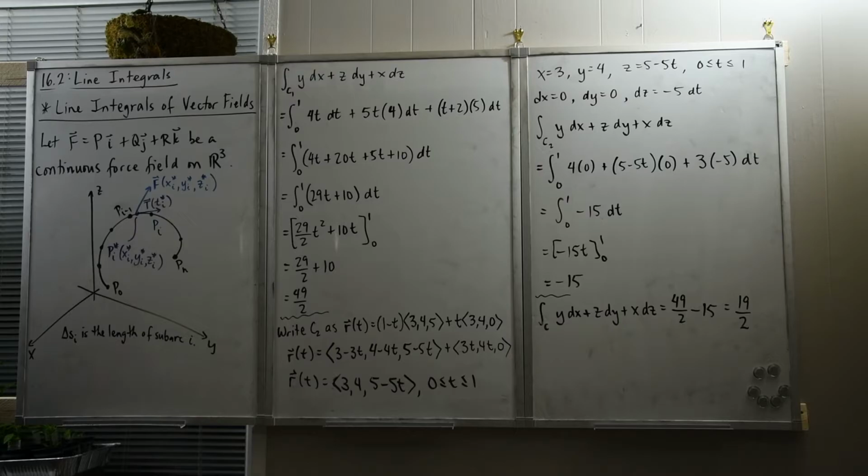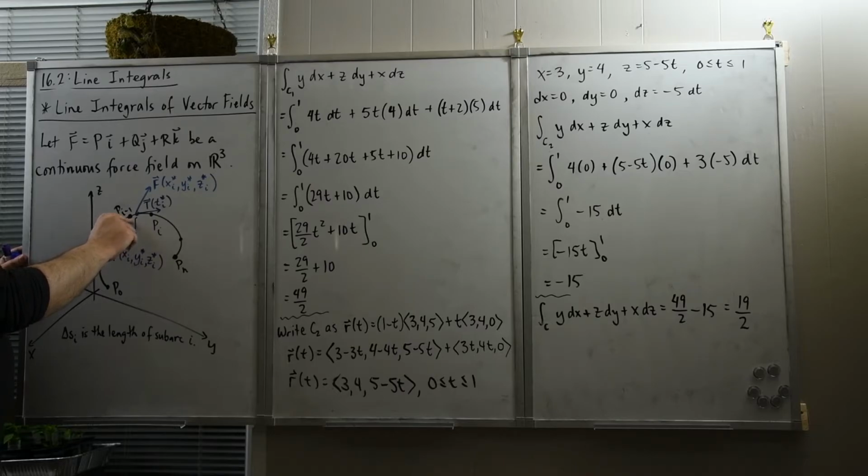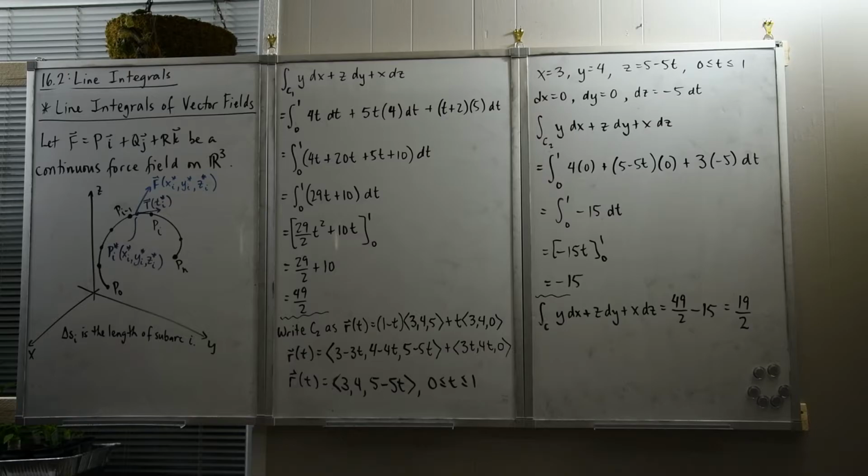So if you think about an estimate for the amount of work done in moving this particle from this point to that point, the displacement is going to be estimated by the unit tangent vector times this delta Si.